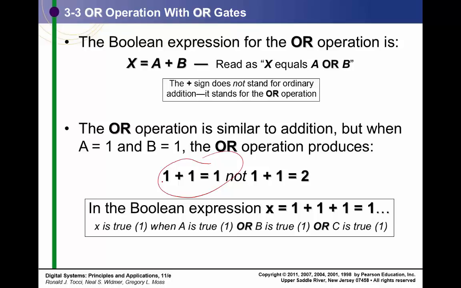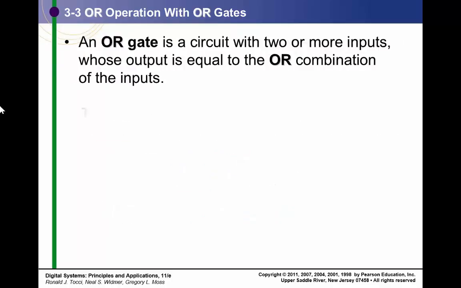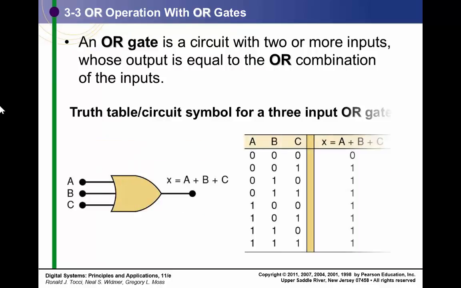Either A or B. In this case, 1 ORed with 1 is going to be 1, and that's one of the rules we will be looking at later on. We did look at it before the break. So again, this is the logic function for it.